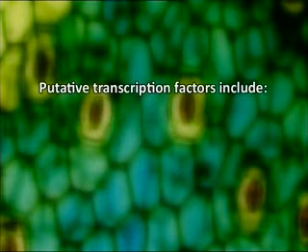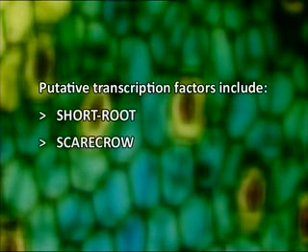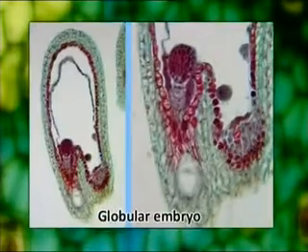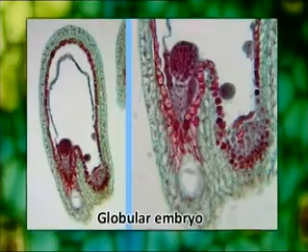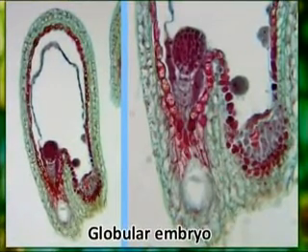Other putative transcription factors, including SHORT-ROOT, SCARECROW, and PLETHORA, that is PLT1 and PLT2, appear to be required for QC identity and specification and are expressed early in root development. PLT1, which is transcribed in response to auxin, is expressed as early as the 8-cell globular embryo stage, whereas PLT2 is expressed in slightly older globular embryos.